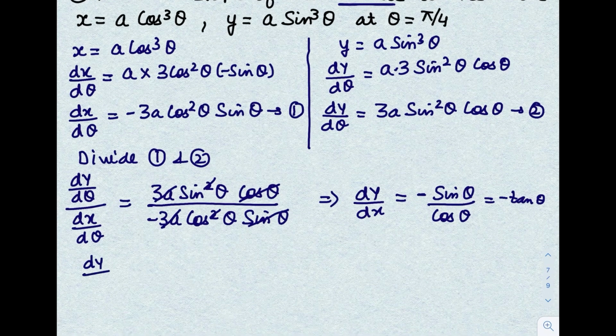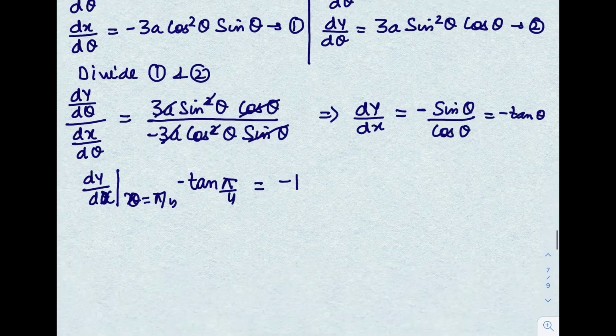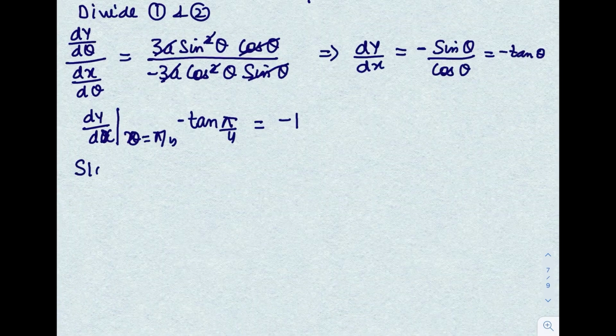Now we need to calculate dy by dx at theta equals pi by 4. Just replace theta as pi by 4, so it gives us minus 1. We know tangent 45 is 1 and with the minus, it will become minus 1. Now we know this is the slope of tangent.